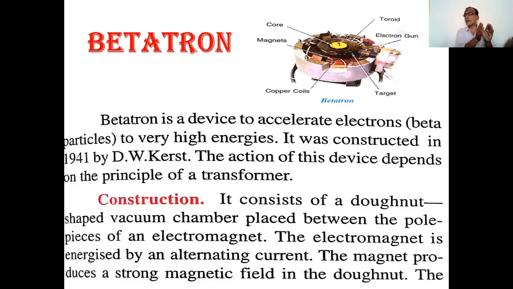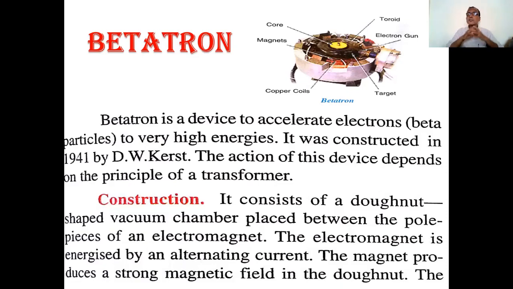Now, what is the basic difference between the previous three particle accelerators which we have seen and this one? So far we have seen three particle accelerators: linear resonance accelerator, cyclotron, synchrocyclotron. All these three work on the principle of resonance, while this particle accelerator, the betatron, works on the principle of a transformer.